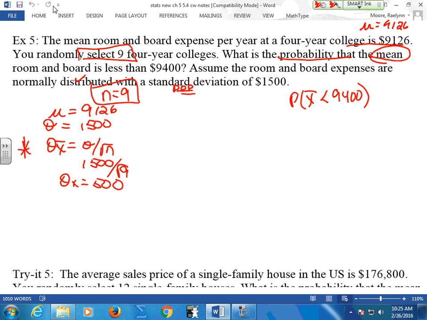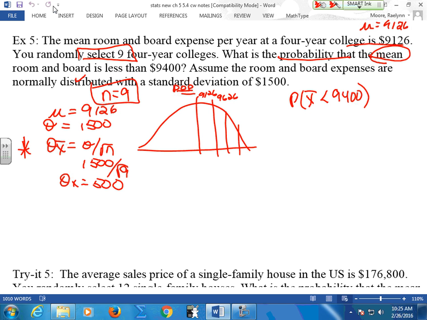Okay, now, instead of doing your graph 2 ways, because then you'll have to redo your axis right in the middle, we only graph the sample. So we put the mean in the middle, that's not going to change, and we want to know where 9,400 is. So just keep adding 500 until you hit that. So we're good just labeling 1. I just want you to get a feel.